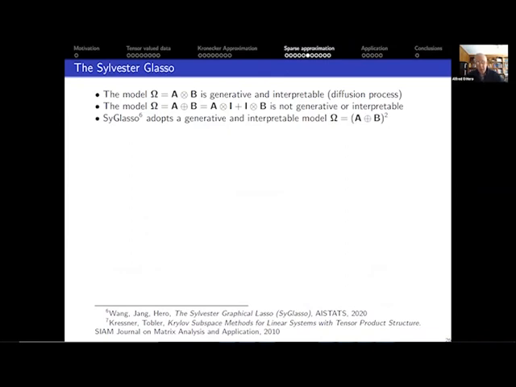So the Sylvester G-lasso takes this one step further by saying that if you want a generative model, a model that's interpretable, where you can say that the A and the B that you extracted correspond to some kind of differential operator, incremental operator in a PDE equation that governs the realizations that the omega is the inverse covariance of, well, then we can note that the Kronecker product is a generative and interpretable model because we can interpret A and B, or at least the Cholesky factors of A and B, as ways to generate the process, right?